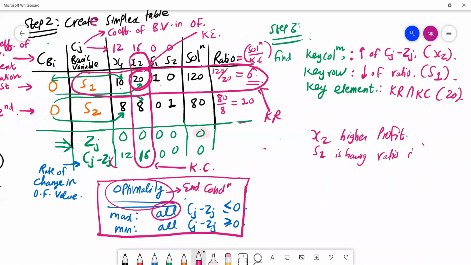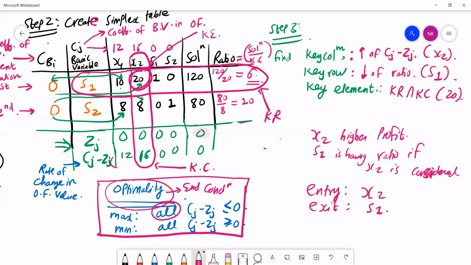If X2 is considered, what we are going to do is have the wildcard entry of X2 and the elimination of S1. Why?